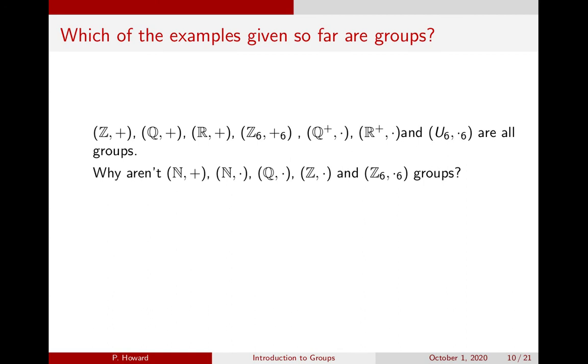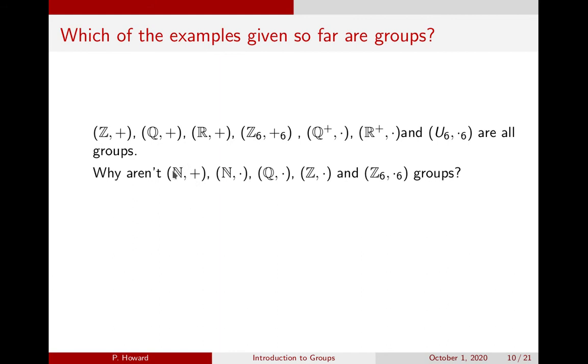Here are some non-groups. So why aren't these 5 sets and operations groups? Well, let's look at the natural numbers. These are the positive integers and 0 with the operation of addition. There is an identity element, and the operation plus is associative.